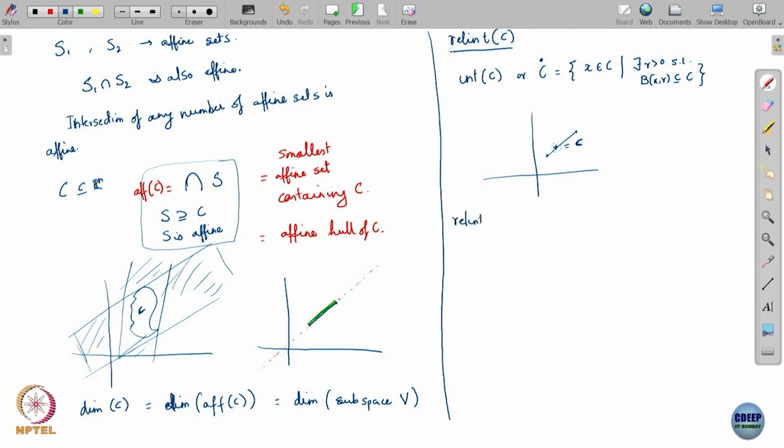But we can define what is called the relative interior. The relative interior of C is all those points in C such that there exists an R greater than 0, such that you take the ball of radius R in the full space, then intersect that ball with the affine hull of C. That will basically slice through the ball, and what you get is a lower dimensional disk or something like that.